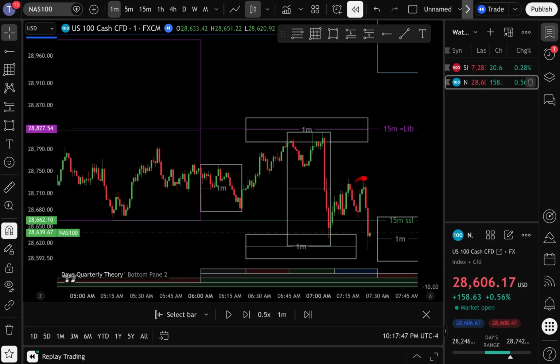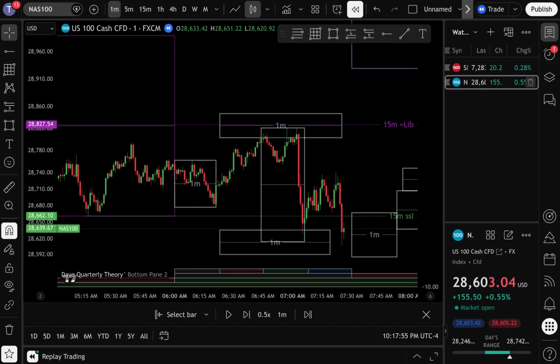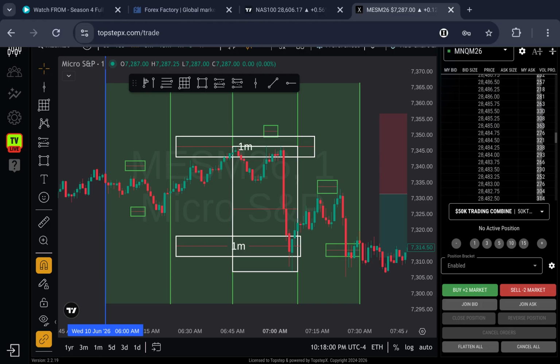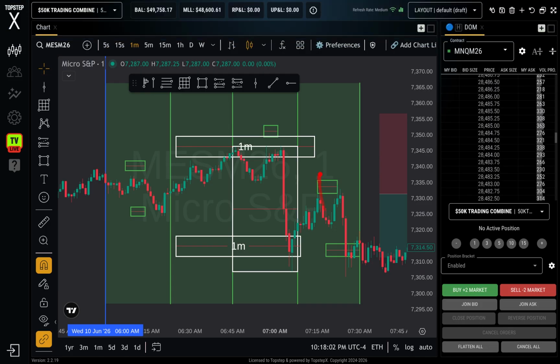We want a 5 second button to say we can enter in right here on a 5 second chart. With that, what that look like on a chart with the 5 second button, it looks like this.